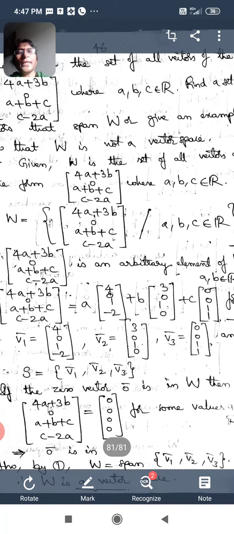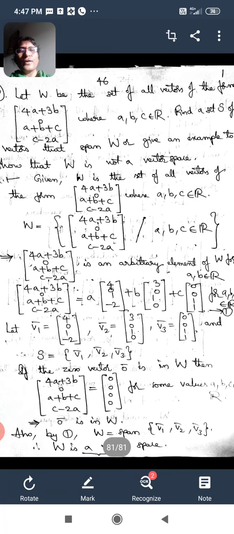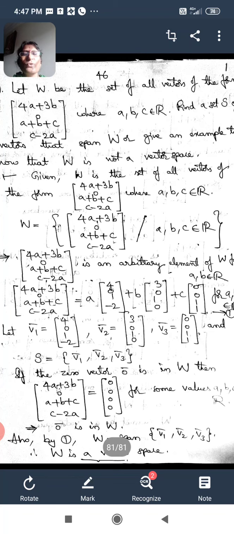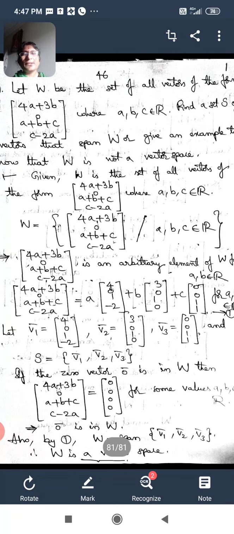Let us name these 3 column vectors v1 bar, v2 bar, v3 bar. Then v1 bar is (4, 0, 1, −2), v2 bar is (3, 0, 1, 0), v3 bar is (0, 0, 1, 1). I want to take all these 3 vectors in a set S, so S is equal to the set consisting of v1 bar, v2 bar, v3 bar.